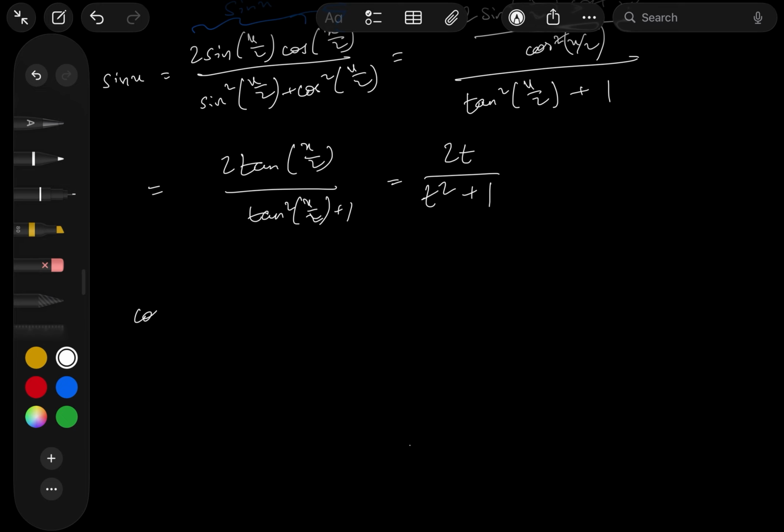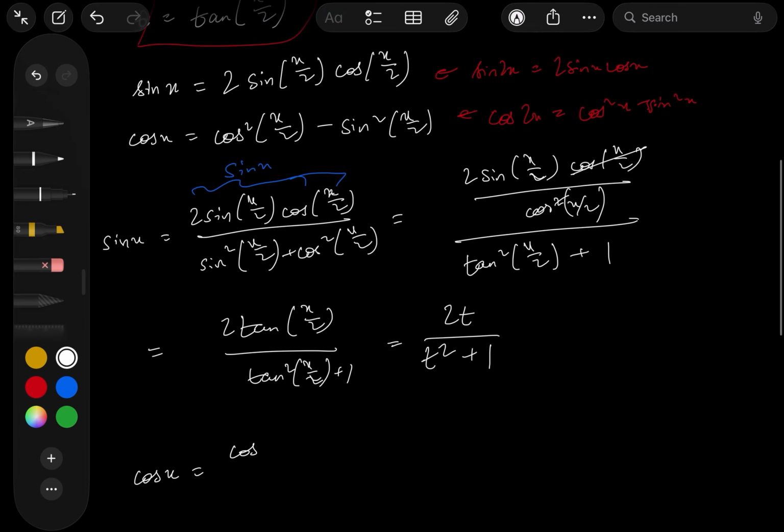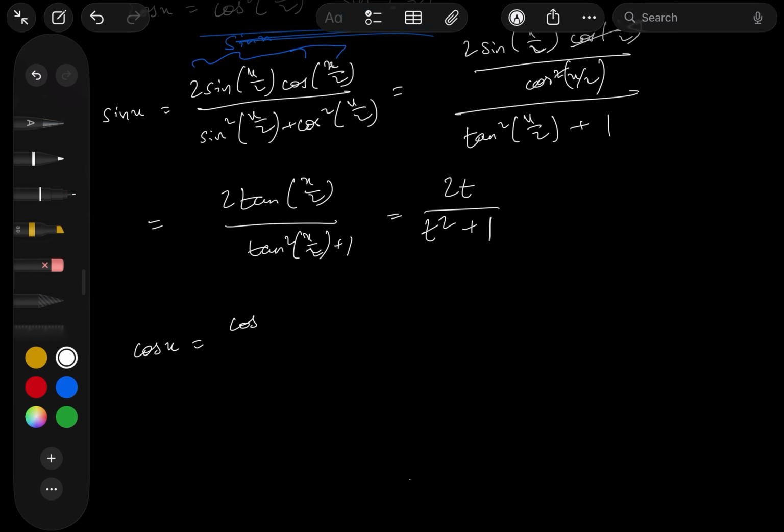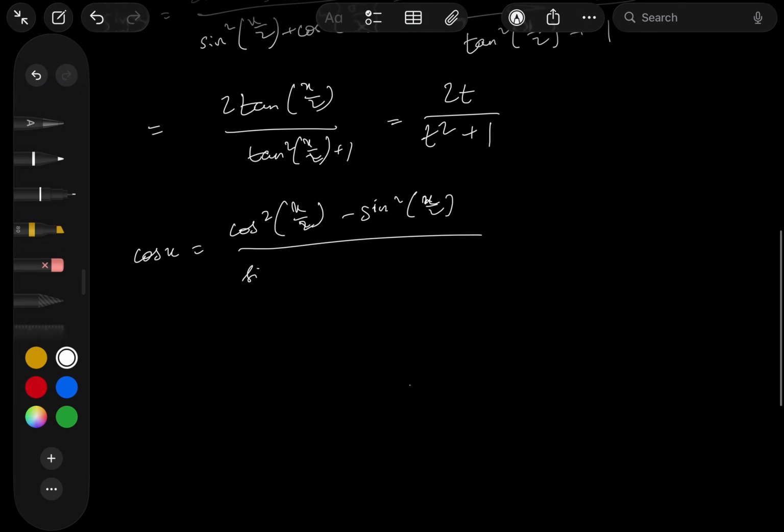And similarly for cosine, we do something kind of similar. We take cos x as, in the numerator we'll write this form of cos x. So we get cos square x by 2 minus sine square x by 2. Sorry for the handwriting. And in the denominator we get sine square x by 2 plus cos square x by 2. So we're going to divide by cos square x by 2 again.